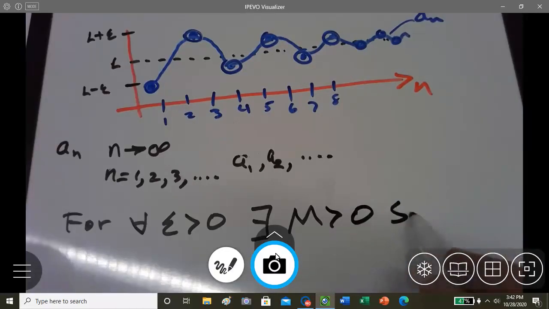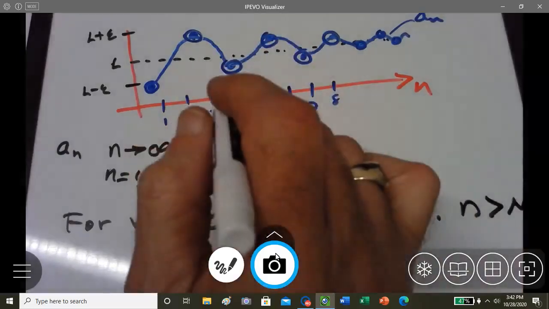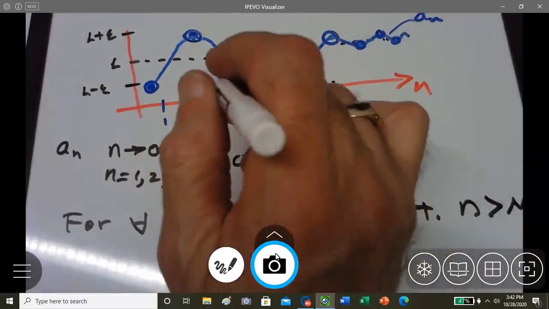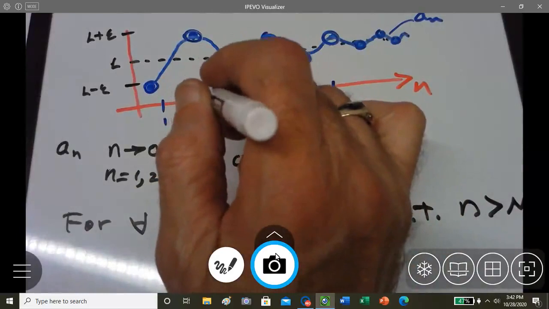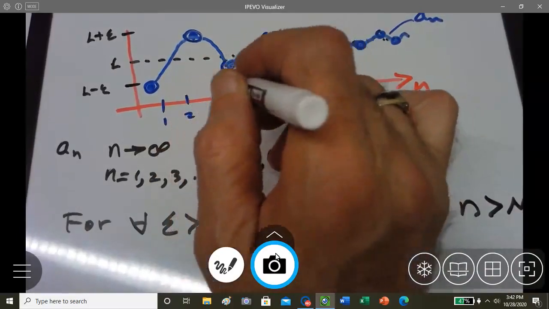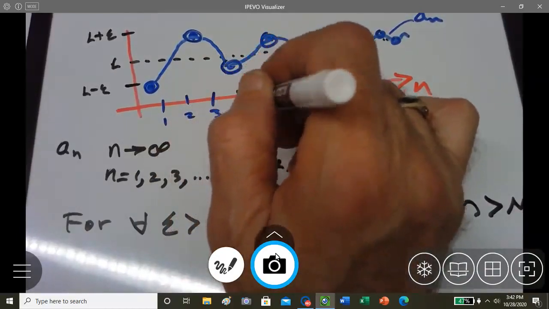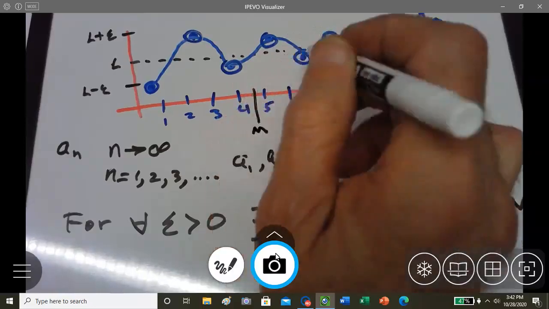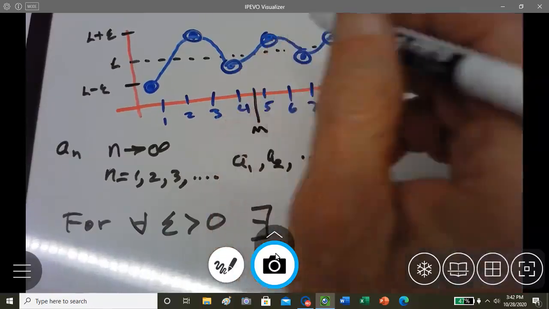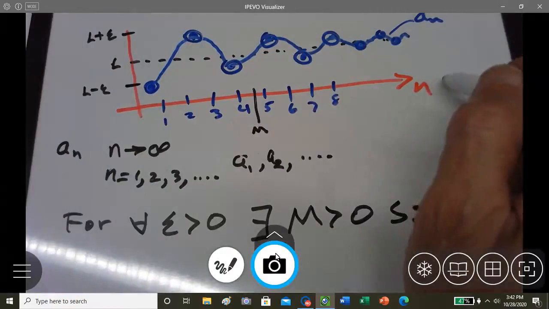such that n is greater than m. Well, where is m? Well, if m is at some point, let's say here, m, and n continues and continues and continues.